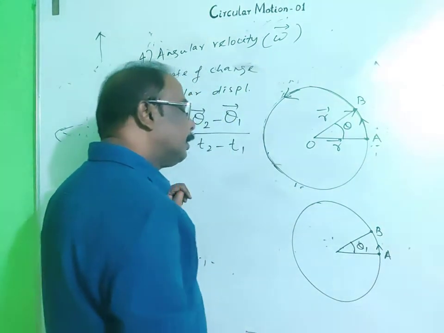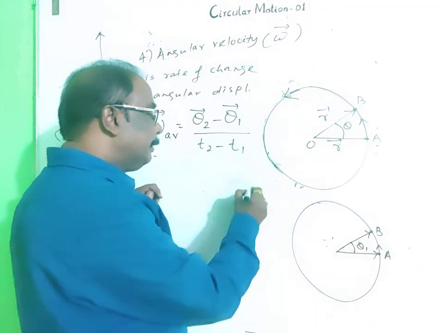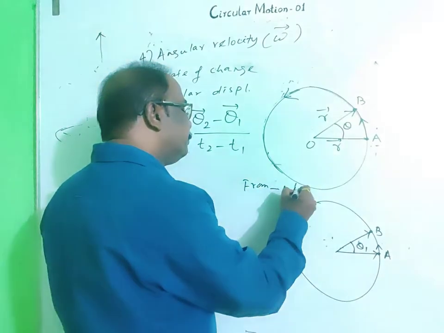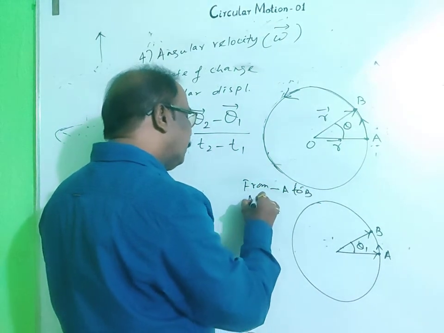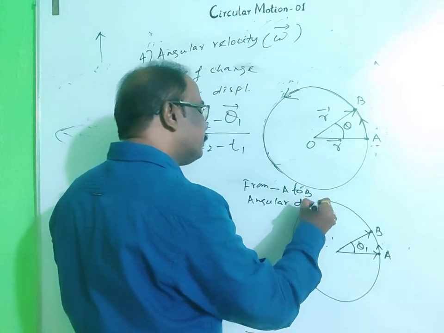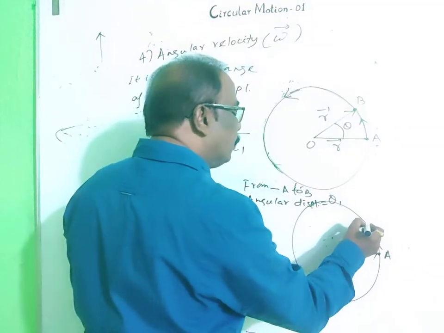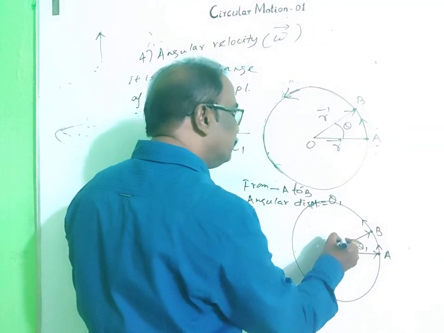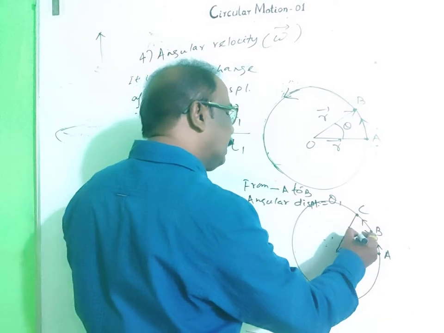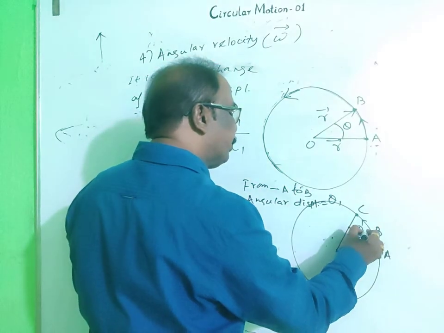Let the angle made at the center be theta 1. Then from A to B, the angular displacement is equal to theta 1. Let the particle now move again from B to C. This is C. This total angle is theta 2.